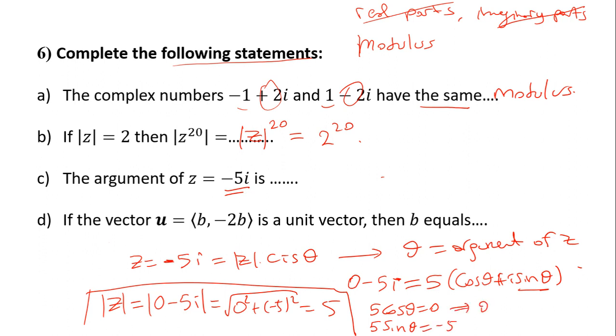So we are looking for an angle where cosine theta is equal to 0 and sine theta is equal to minus 1. So which angle is this? This angle is clearly 270 degrees. This will be 270 degrees.